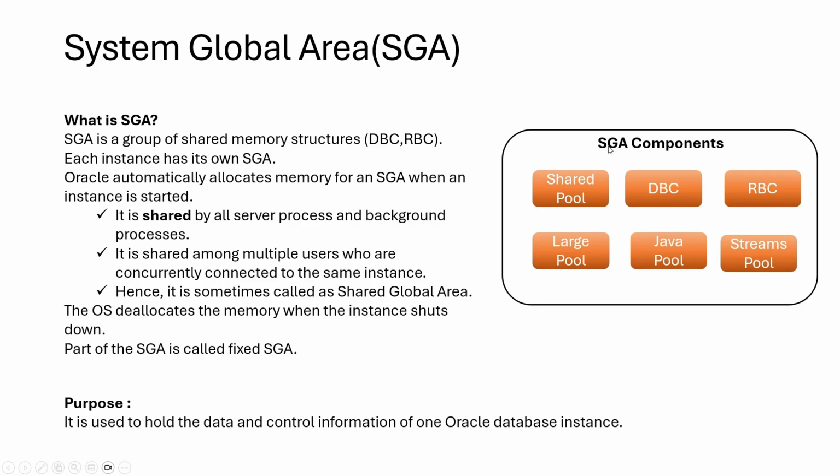If you have 100 server processes, this one SGA is shared among them. We also call the system global area a shared global area, because it is shared among multiple users who are concurrently connected to the same instance.